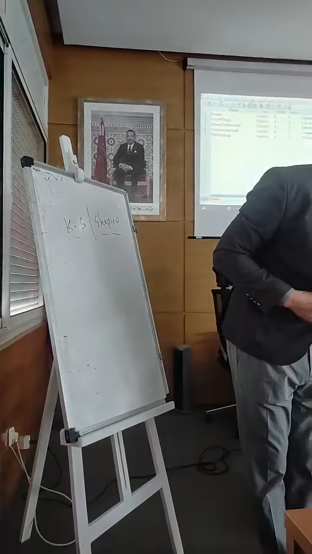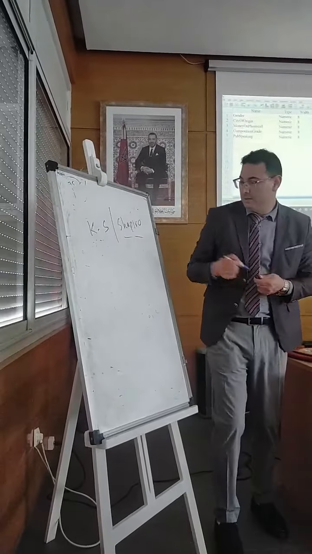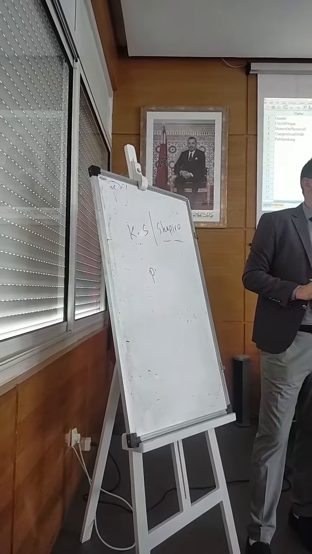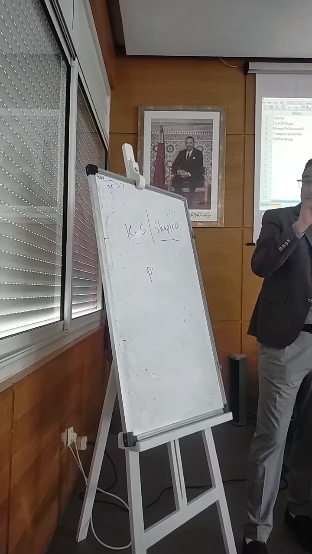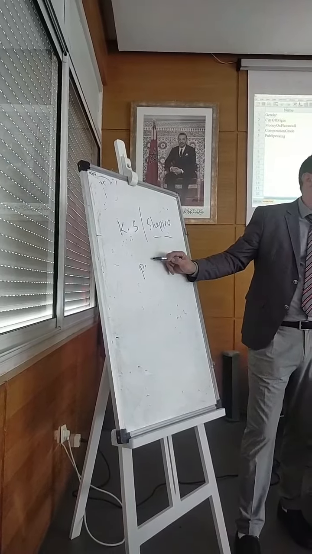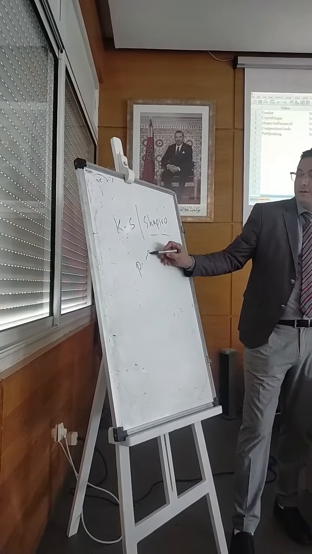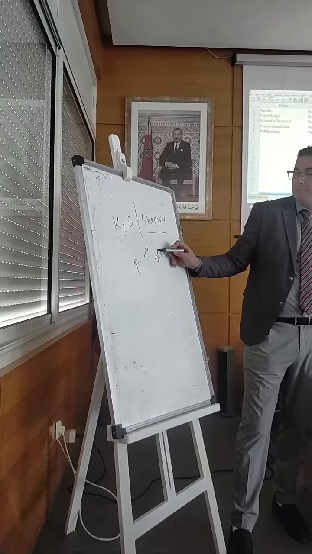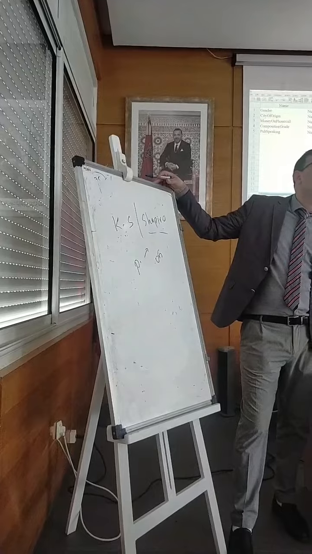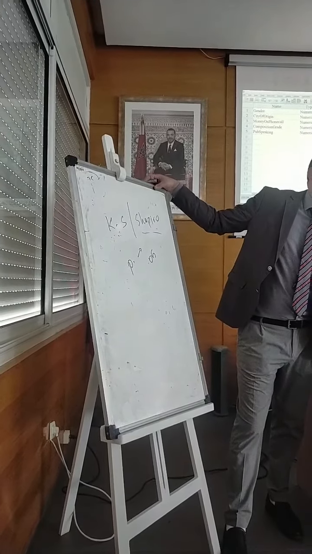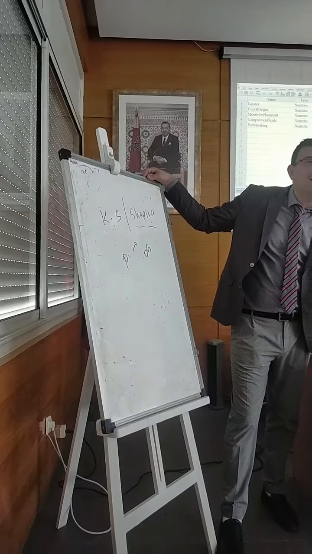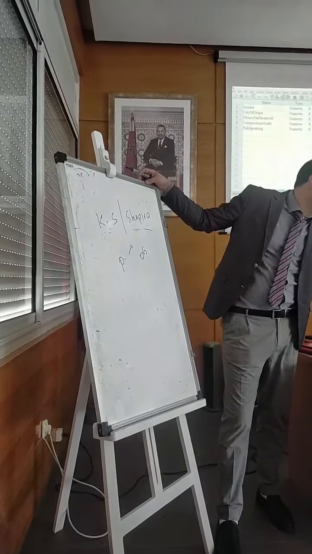How? The p-value. If KS and Shapiro give you a p-value higher than 0.05, it means that the normality assumption is satisfied, and therefore you can run the test without any problem.